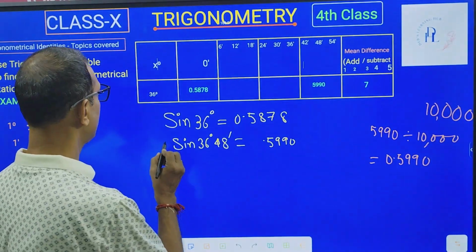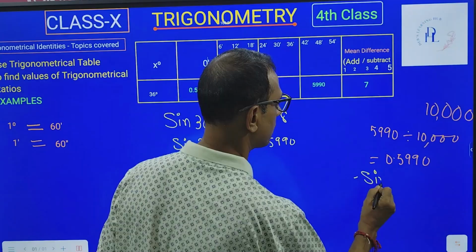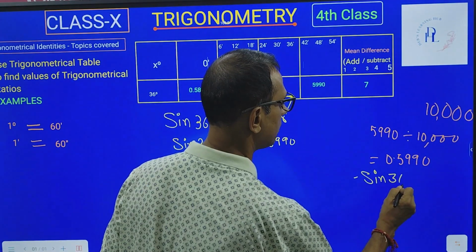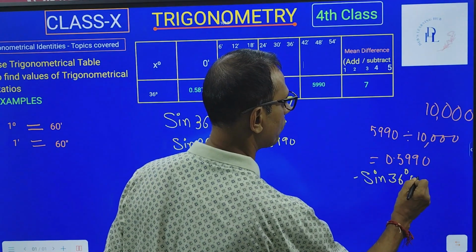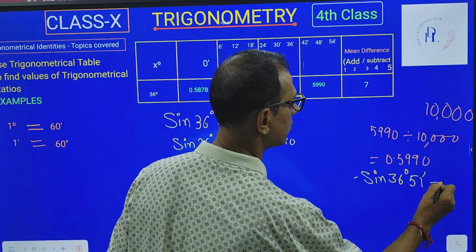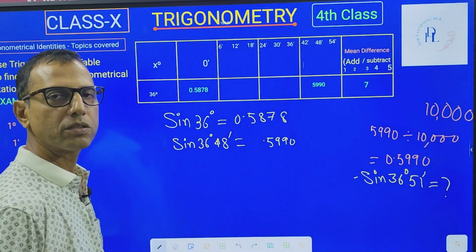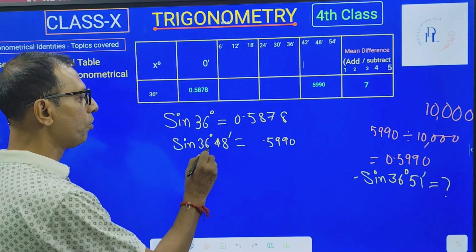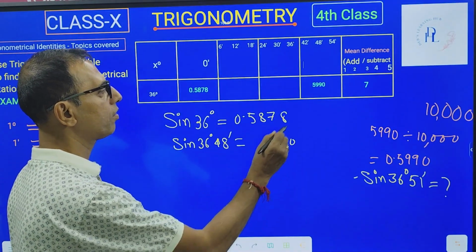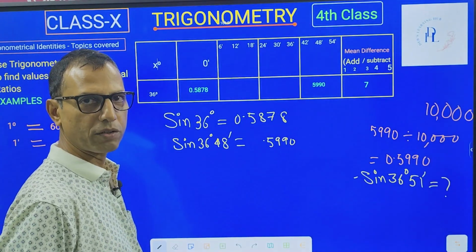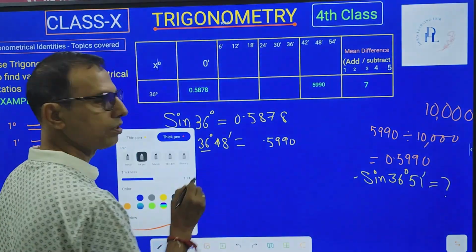Now if it is asking what is the value of sine 36 degree 51 minute, how do we find out this value? You know 36 degree 48 minute equals 0.5990 by this time already. So what is the difference?